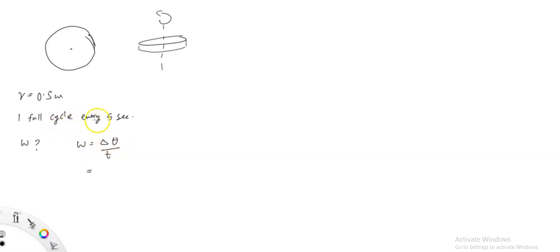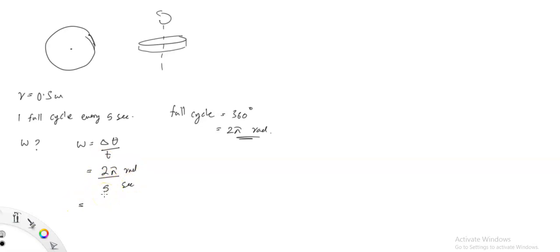It makes one full cycle. So what is a full cycle? It's 360 degrees or 2 pi radians, right? So this is what we need to plug in. So 2 pi radians in 5 seconds.